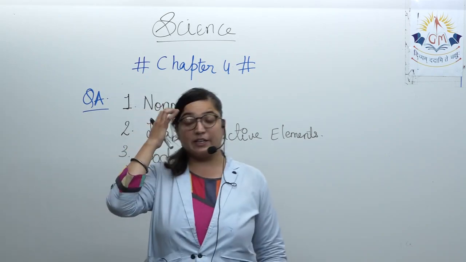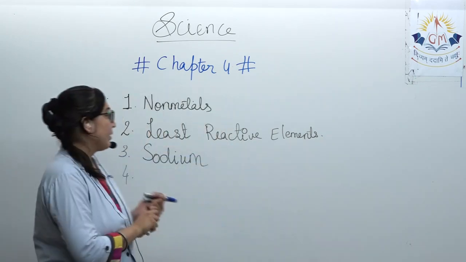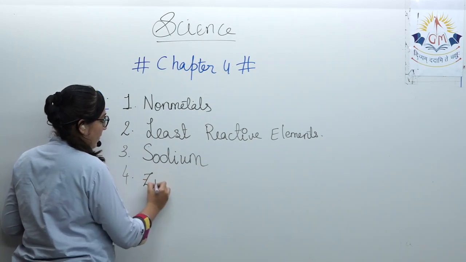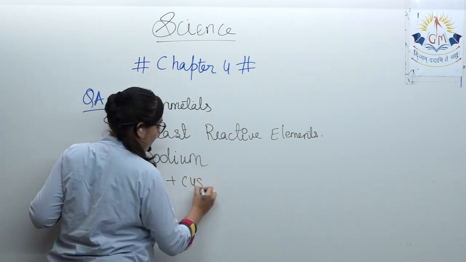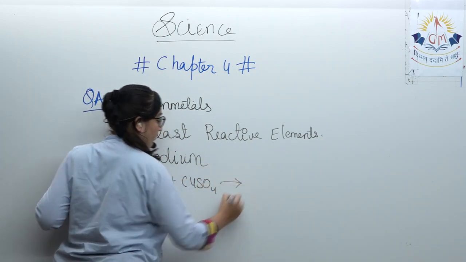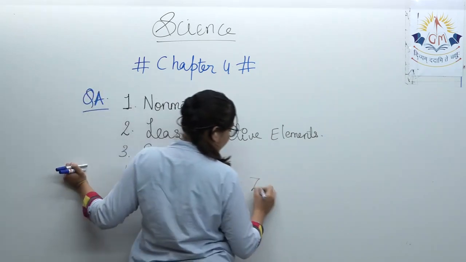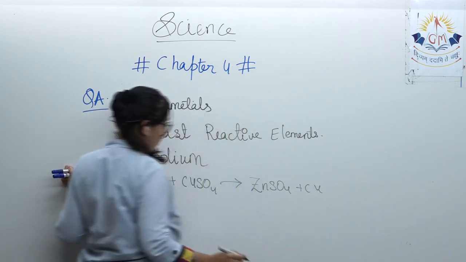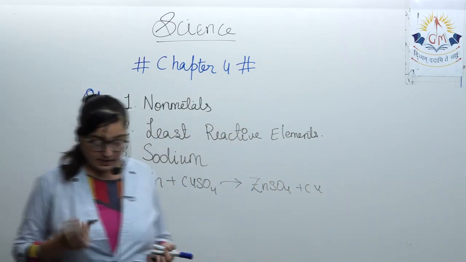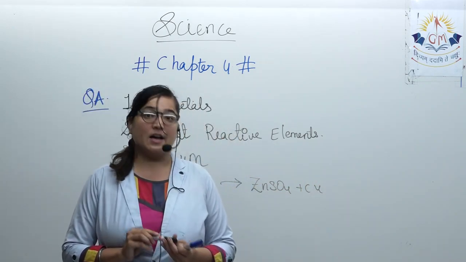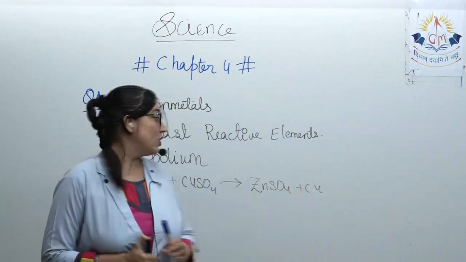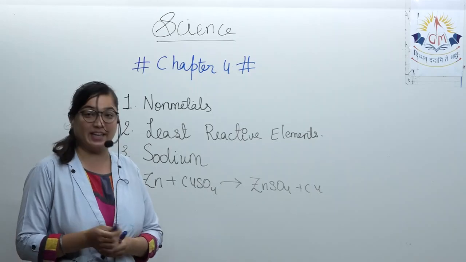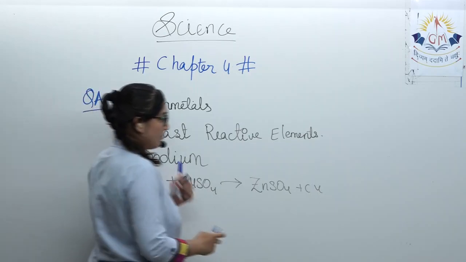This you have already seen in your practical sessions. Zinc, when it reacts with copper sulfate, what will be formed? This happens because zinc is a more reactive element. So what type of reaction will take place? It is a displacement reaction.